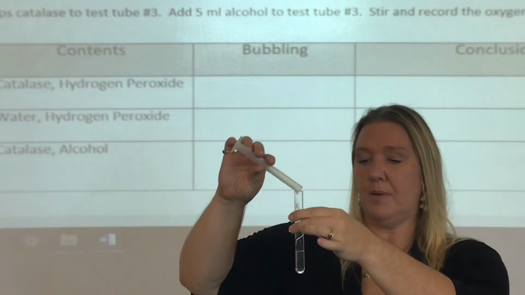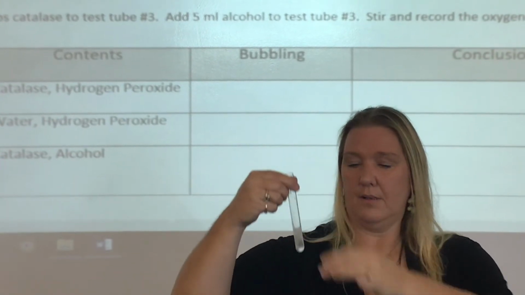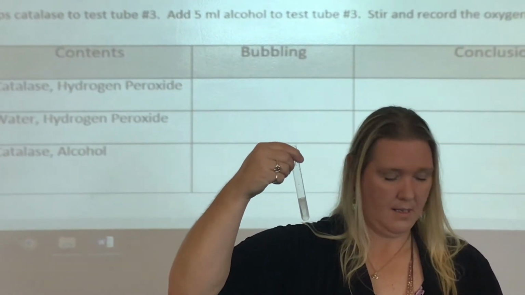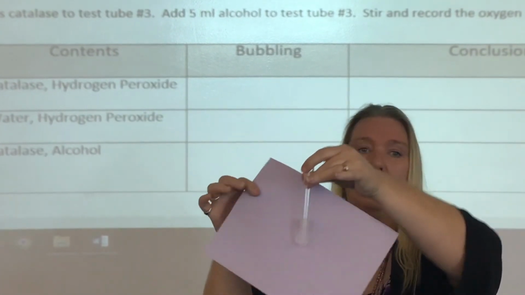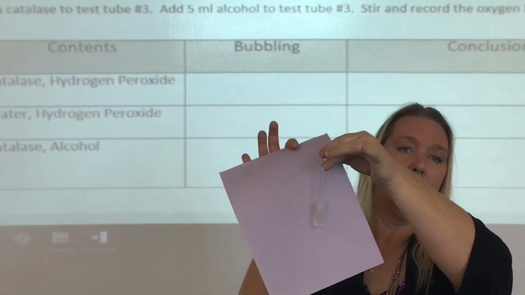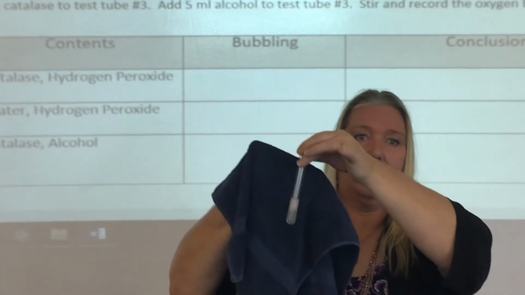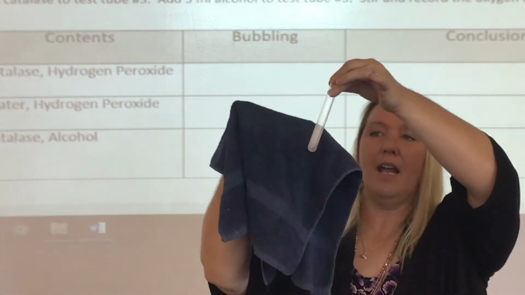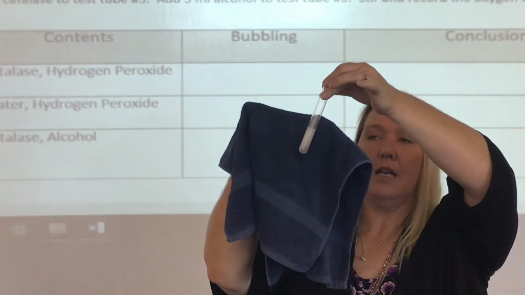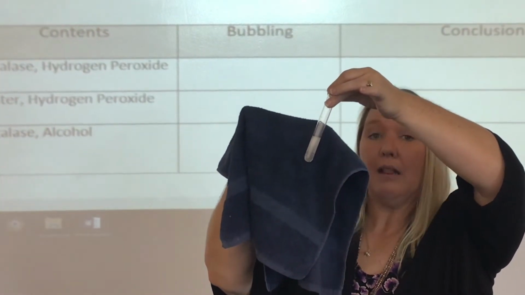So I add that hydrogen peroxide, and right away we're seeing bubbles. You able to see that? Let's try that one. All right, so we can see it's fizzy, right? There are a lot of bubbles occurring. Those bubbles are oxygen gas being released.